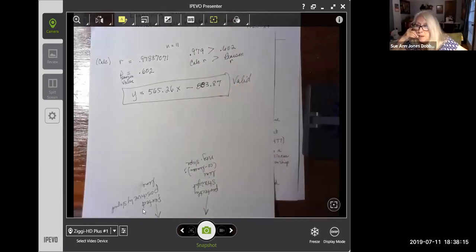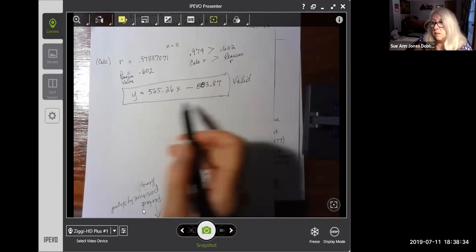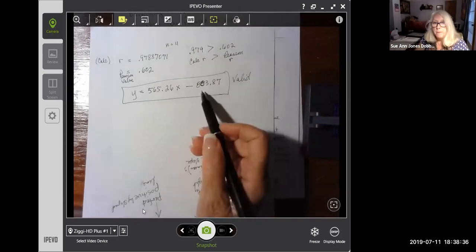Now, that's really important because if I were asked to predict the number of words that a child of some other age was, I could do that based upon this model because this model is considered valid. So the ages in our data went from 1 to 6 years old.